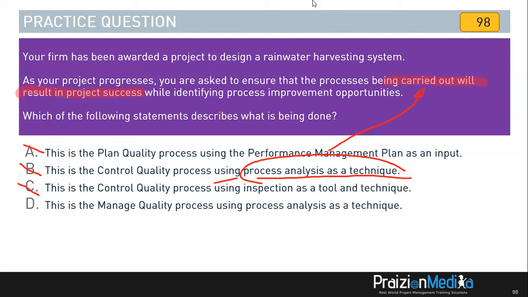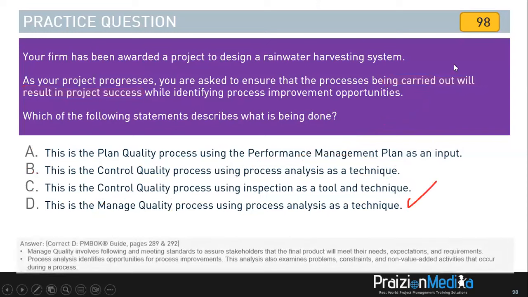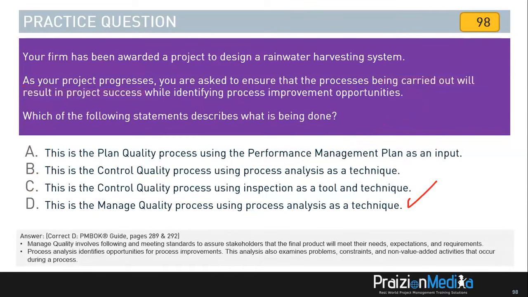Ensuring that processes will result in success is done in quality assurance, and that's code for manage quality. So the best answer here, my friends, is manage quality, not the control quality processes.